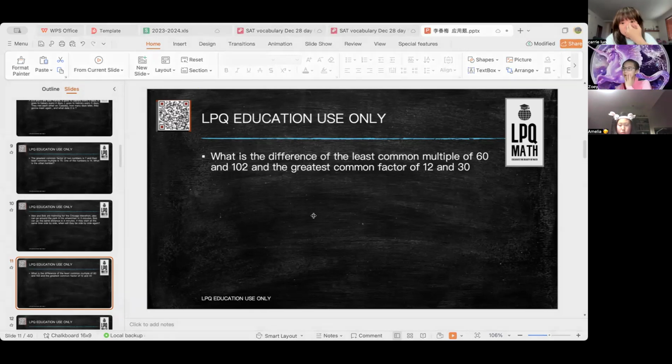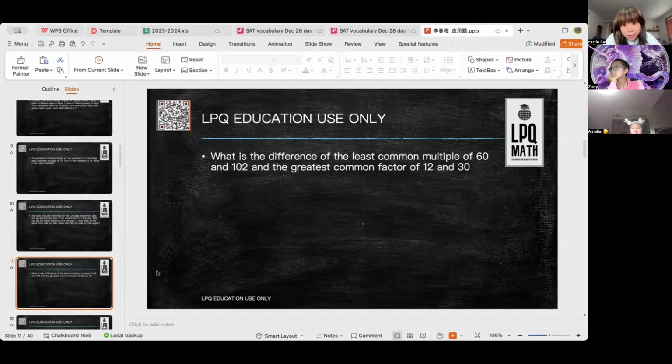What does it mean by difference? Yeah. So for AMC 8, sometimes it's not that you don't know how to do the question, it's that you don't understand what the question means. Okay. So what is the difference of the least common multiple of 60 and 102?